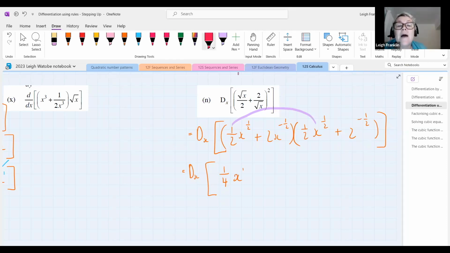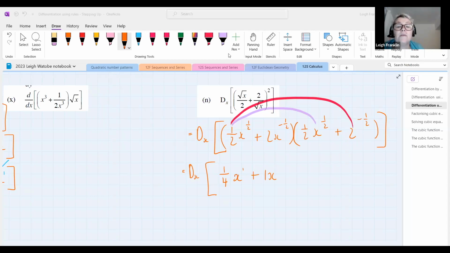Now we're going to do the outers. Okay, so now a half times 2 is 1. So I'll just put the 1 in front of the x. When I multiply like bases, I add my exponents. Okay, so now a half plus a negative half gives me to the power of 1.